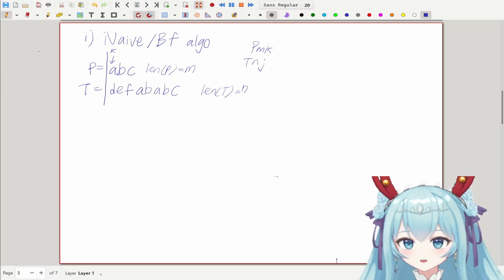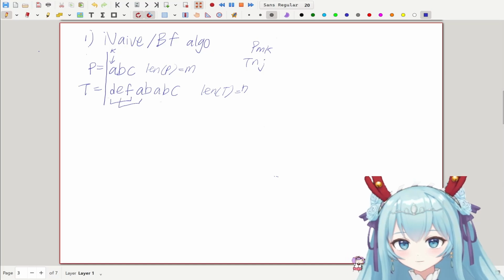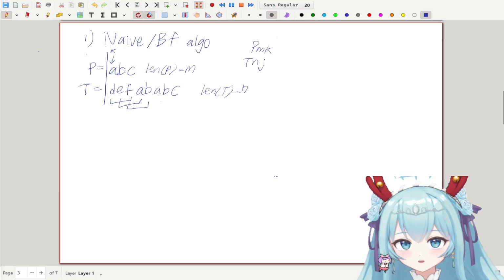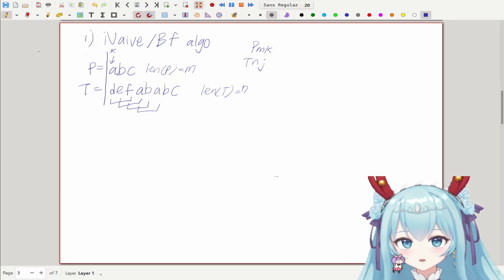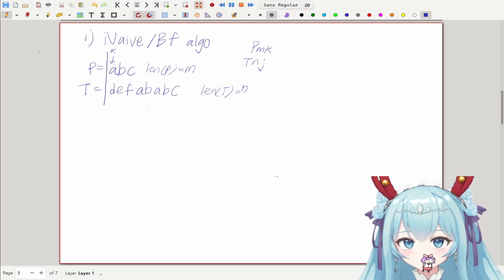So the first window was initially this, and since the first character was a mismatch, we move on to the second window where there's also a mismatch, and then we move on to the third window and your fourth window and so on. So in this case, the window size will be M, which is of size 3. Okay, so back to what we were talking about earlier.